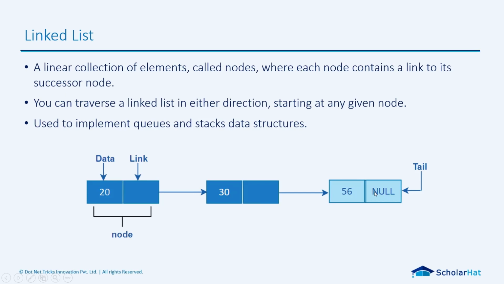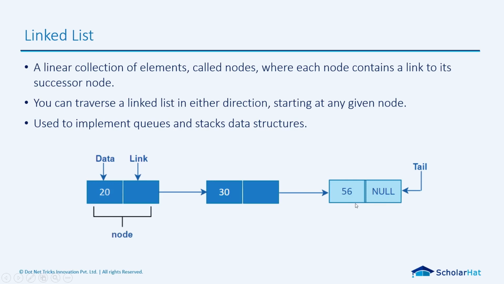The last node is going to have null, so its next reference is going to be null. That is also called the tail of the linked list, and the first one is called the head of the linked list. We're going to see each and every operation, and that time you'll understand better.